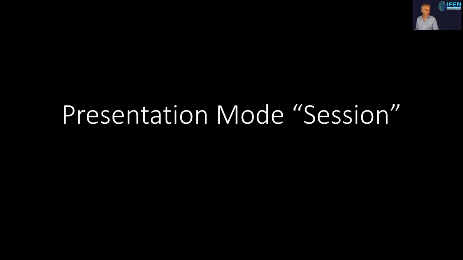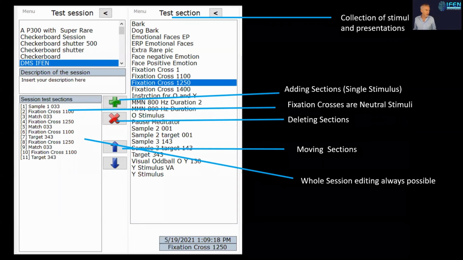Then there is the presentation of sessions, how you can create sessions, which have more complex presentation structures. Here on the left you see the structure that consists of 11 different trials.